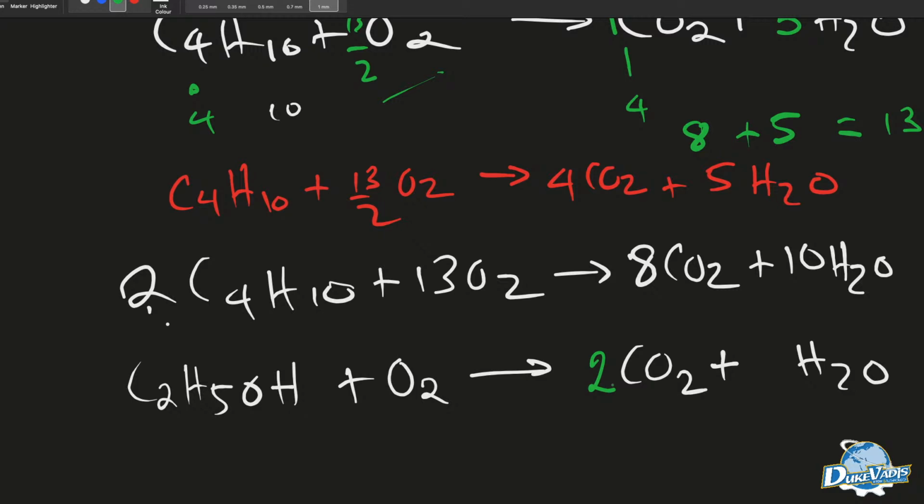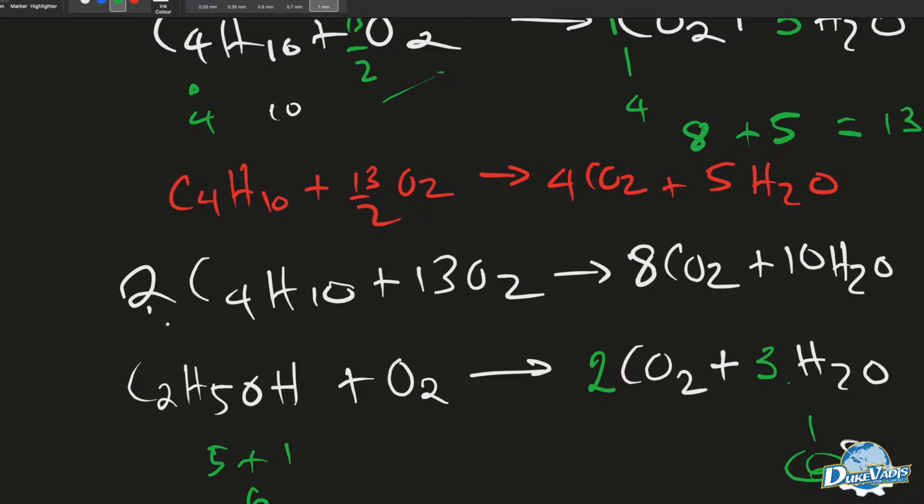The oxygen here becomes 4 plus that. So I'll put 3 here to balance the hydrogen. Then we have hydrogen, 5 plus 1 here, that makes it 6. Then here, hydrogen becomes 6.